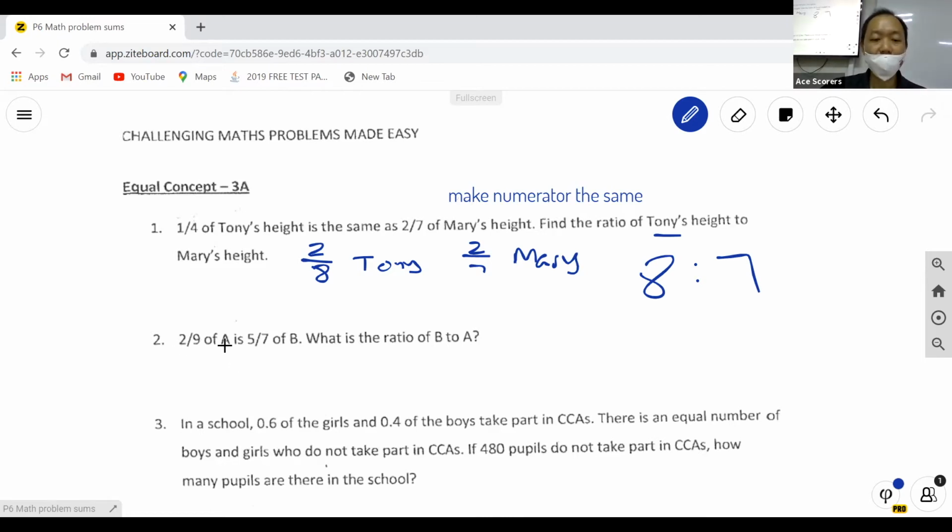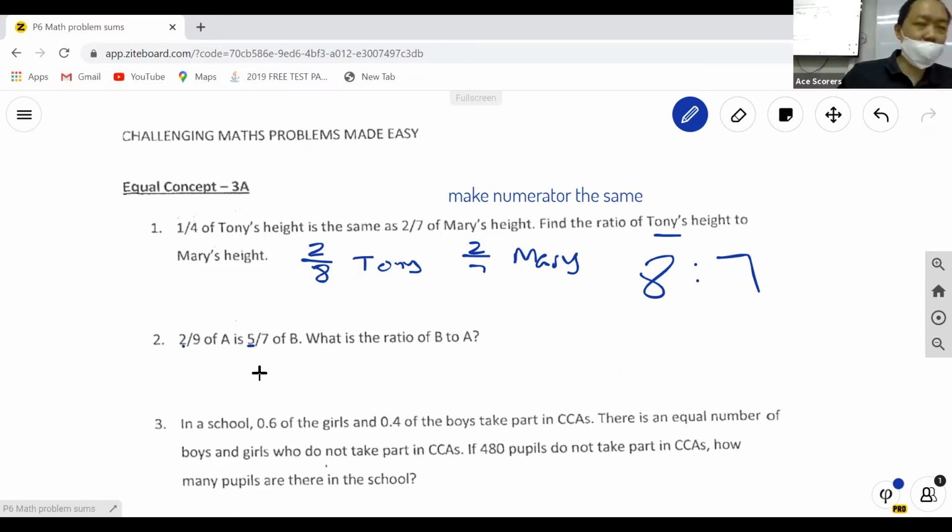2/9 of A is 5/7 of B. What is the ratio of B to A? So 2 is referring to the numerator. 5 is of course the numerator, right? So they are comparing the numerator. Now, I look at the numerator, 2 and 5. What's a common multiple between 2 and 5? 10. Yeah, it's 10.